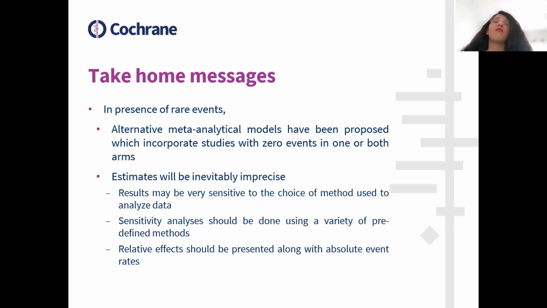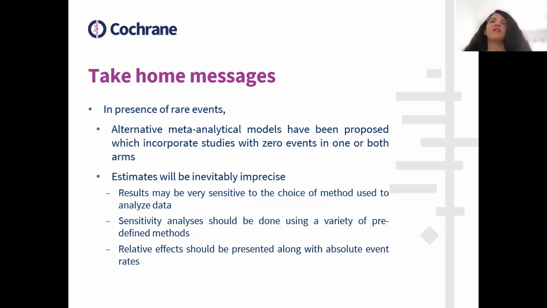We also have a variety of alternative meta-analytical models, and these models can incorporate studies with 0 events in one or both arms without any continuity correction. But regardless of the statistical model that we choose, we need to be careful because meta-analytical estimates will be inevitably imprecise.